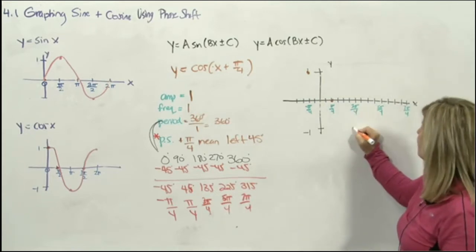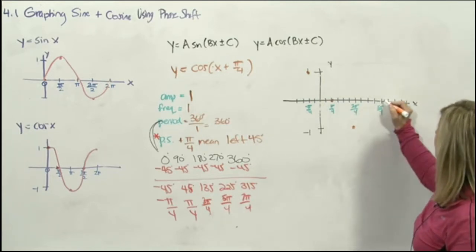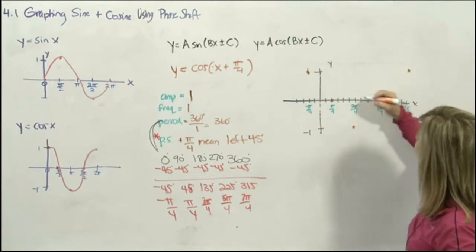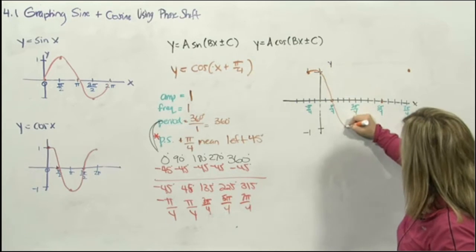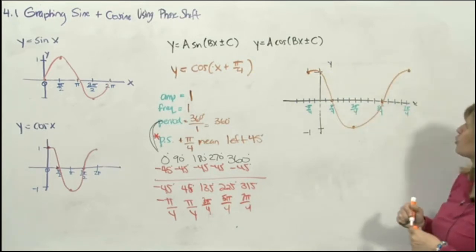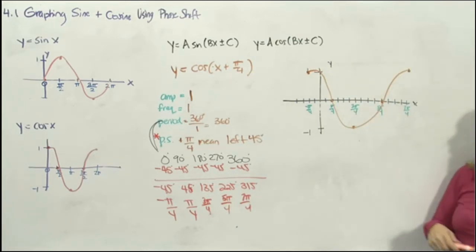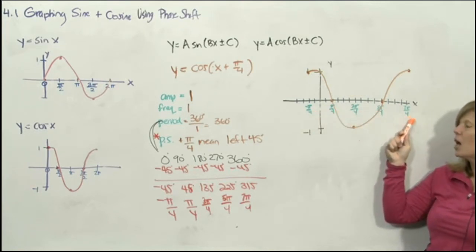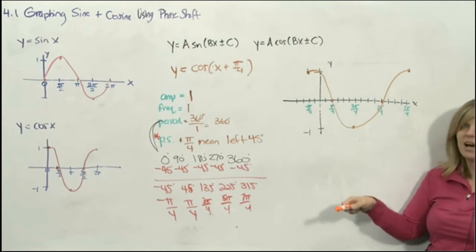Then at 135, we go down to negative 1. 225, we hit the axis. 315, we're back at 1. And there's your picture. So guys, the biggest mistake we make is we're labeling these 5 radians because that's where the 5 points have to be plotted.